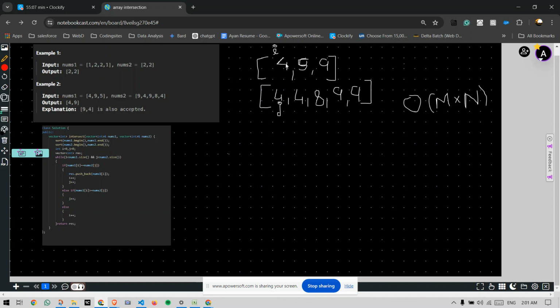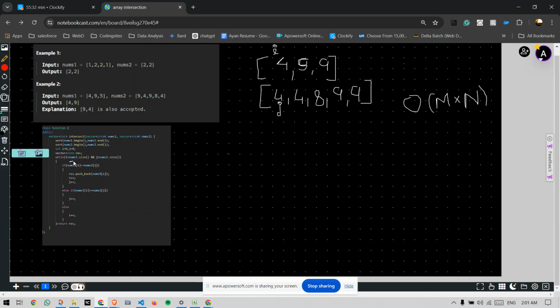Since the arrays are sorted, if the values are the same, they would be numerically equal, right? If they exist in the array. If not, whichever value is smaller, I would just traverse across that array.